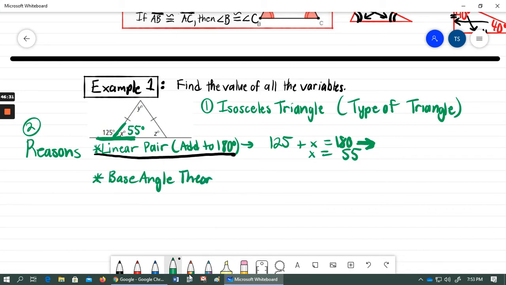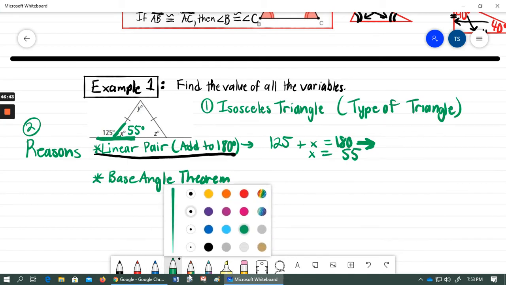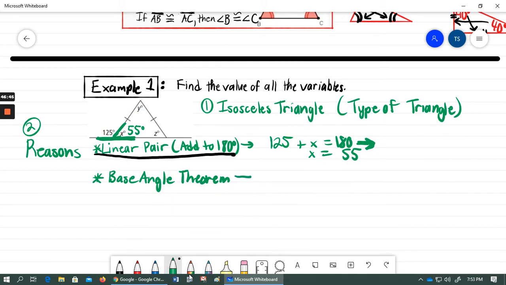Which lets us know, again, folks, that if we have two congruent sides, then the angles opposite them have to be congruent as well. So your base angles theorem.